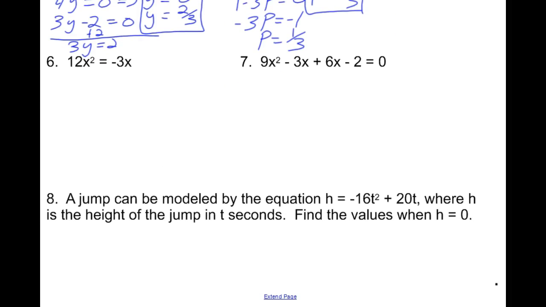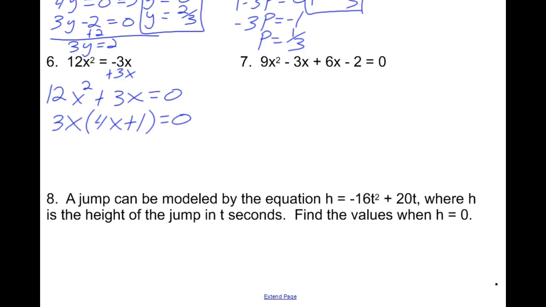Number 6. Same thing. Now, as with all the other problems, they were equal to 0. So what I'm going to do is rewrite this. So it's 12x squared plus 3x equals 0. Now I have it so it is equal to 0. Now I can factor a 3x out, 3x, and then I have 4x plus 1 is equal to 0.